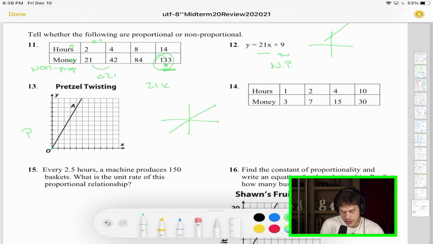For the 14. Number 14. What do we have here? This is a change in 4, and then this should be a plus 8. Okay, that makes sense. So this is a change in 1, change in 2. This should be change in 6.